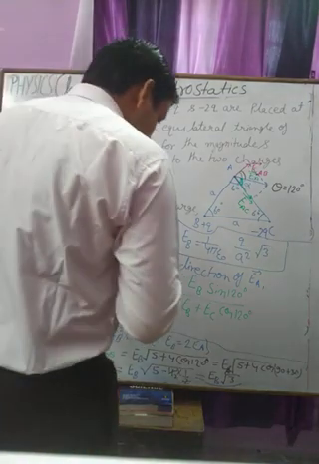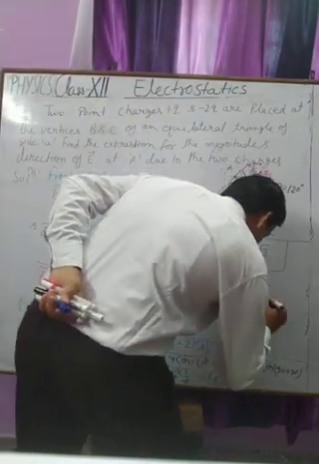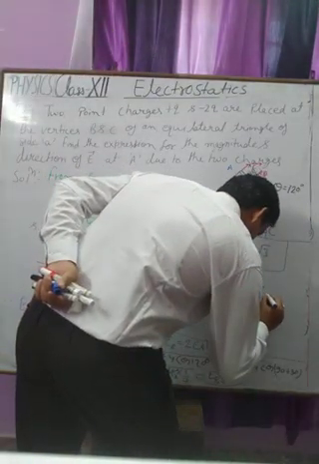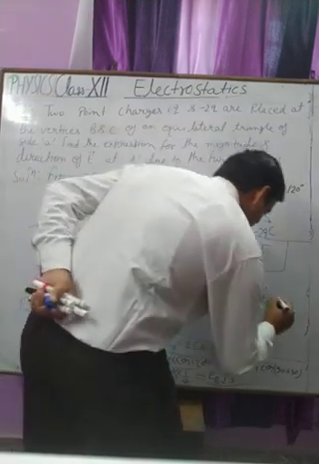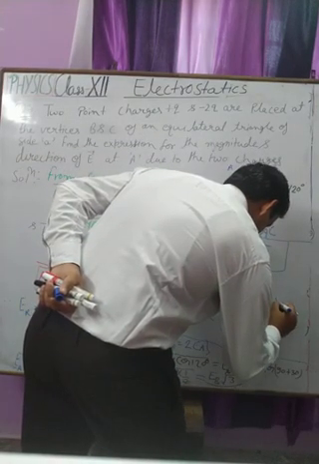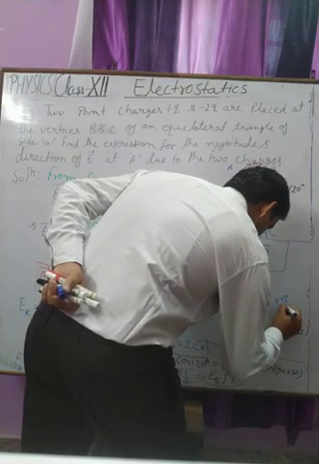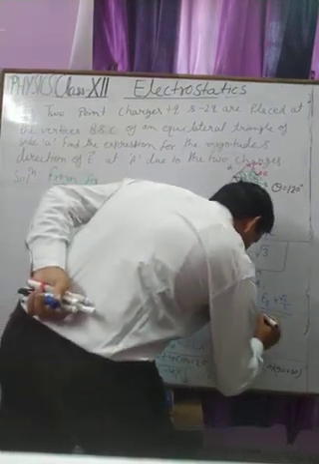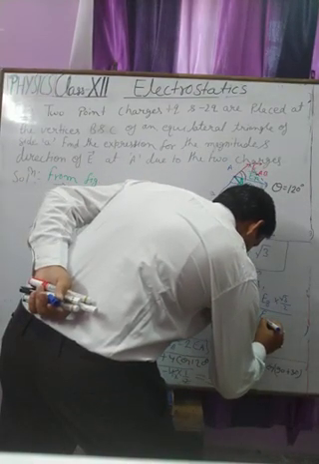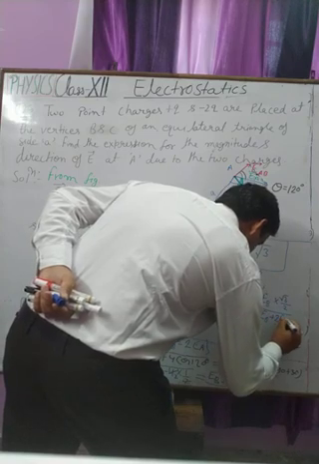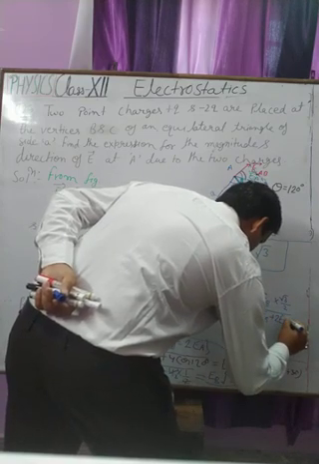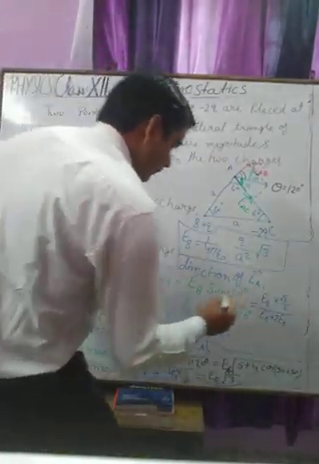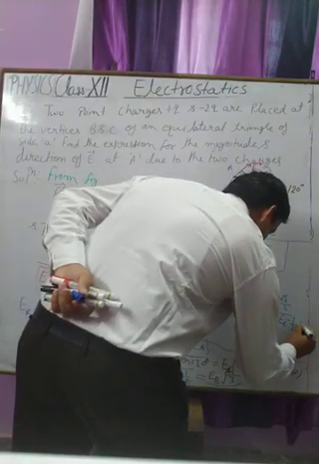Student, when we solve this, we get EB into root 3 by 2 upon EB plus 2EB into minus 1 by 2.